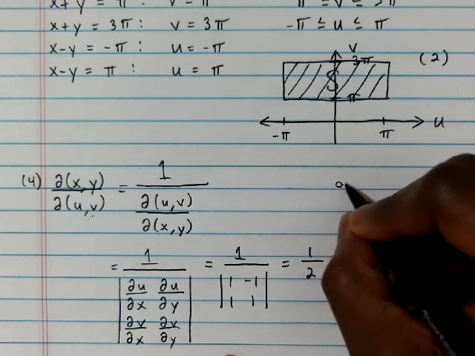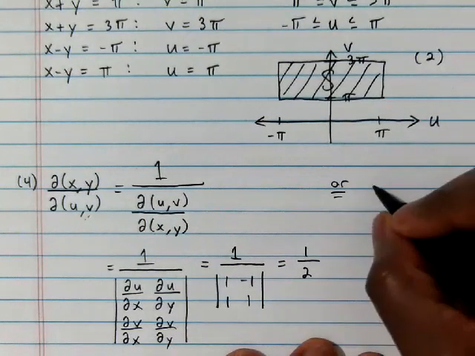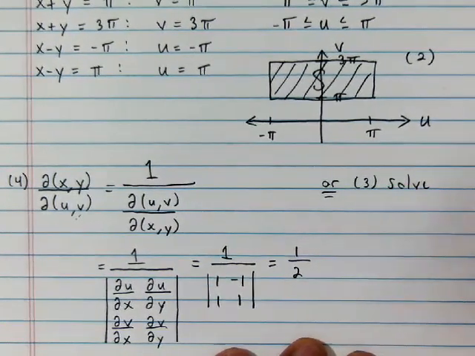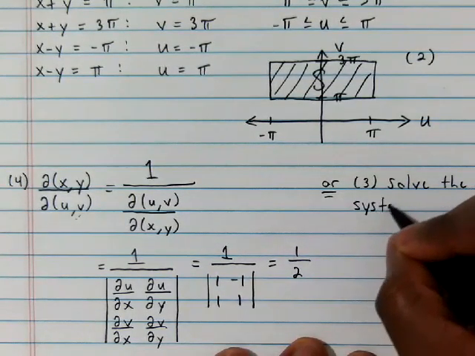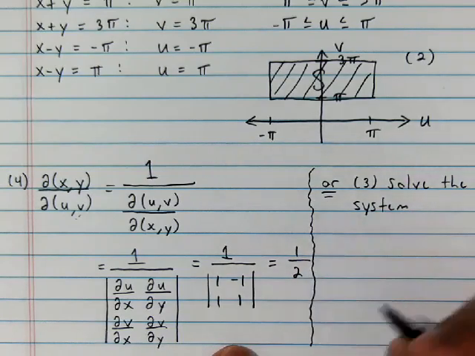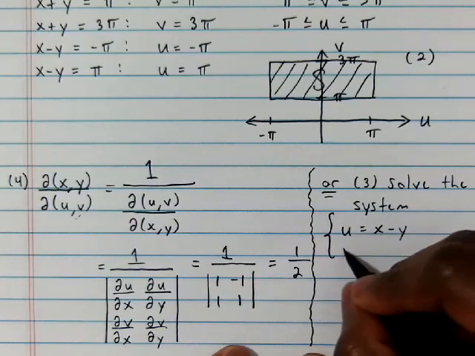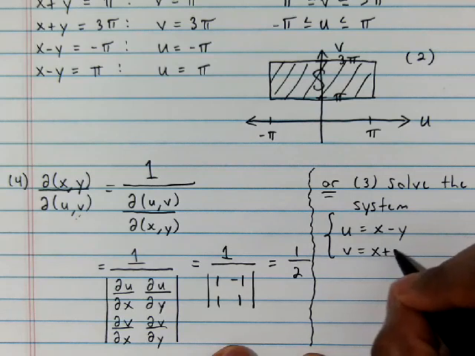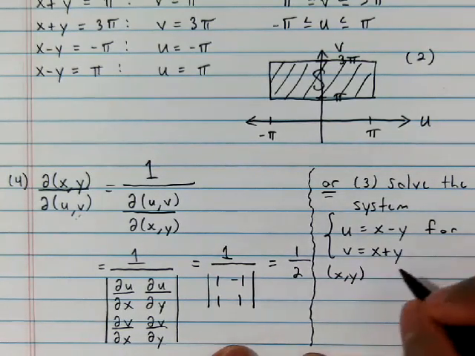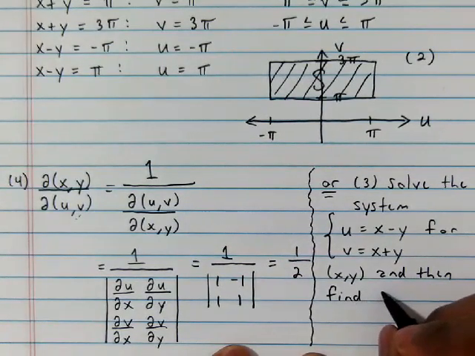So we can do this, or what we could have done instead, if you don't want to use this reciprocal approach, is solve the system u equals x minus y, v equals x plus y for x and y, and then find the Jacobian.